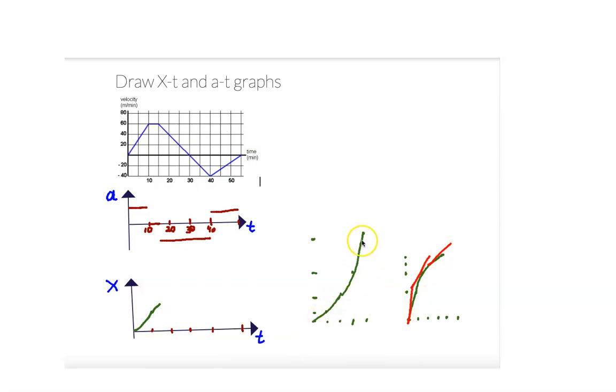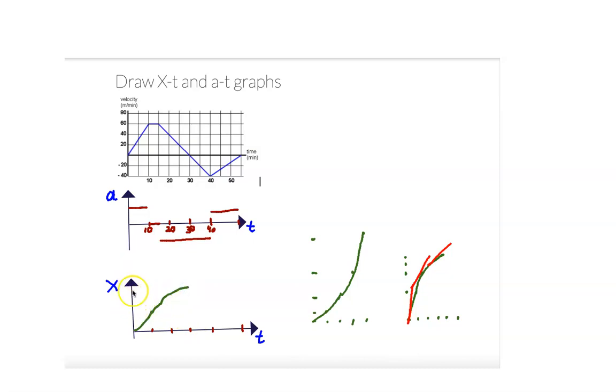Similarly, with this parabola, the slope of my tangent line increases, and it makes sense because I'm speeding up. Therefore, my shape from 15 to 30 minutes will look like that.